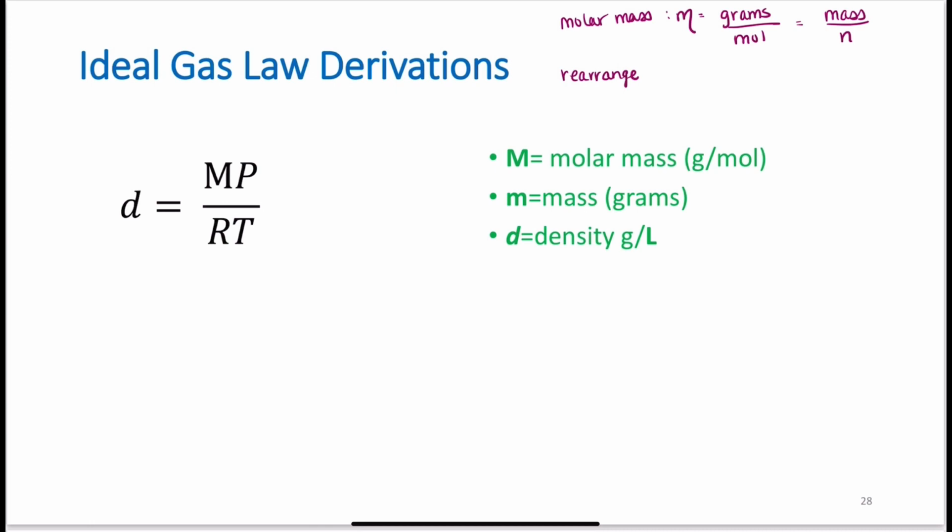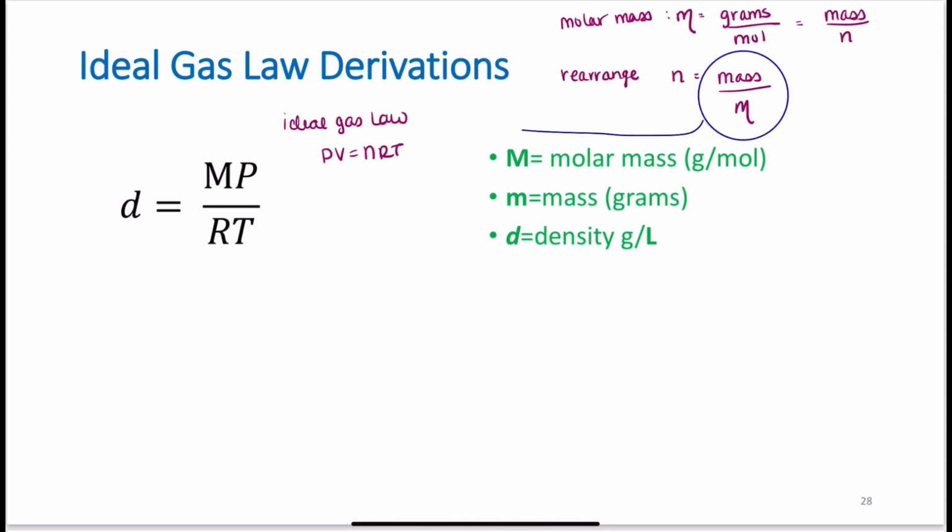We're going to rearrange this to solve for n. n is equal to your mass over your molar mass. Then we know the ideal gas law is PV equals nRT. So we're going to substitute this in for the number of moles.